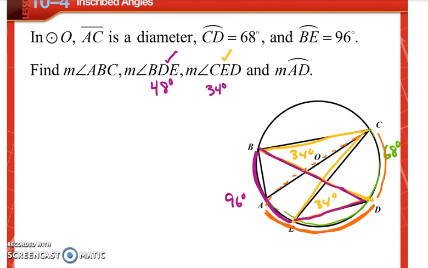So the measure of arc AD is going to be 180 degrees minus 68, which is 112 degrees. And did we get ABC? ABC is 90. You're going to have to go to part 2 for the rest of this.